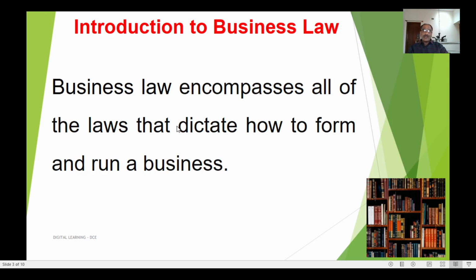So business law is the branch of law, and it includes all the laws which dictate how to form and run a business.